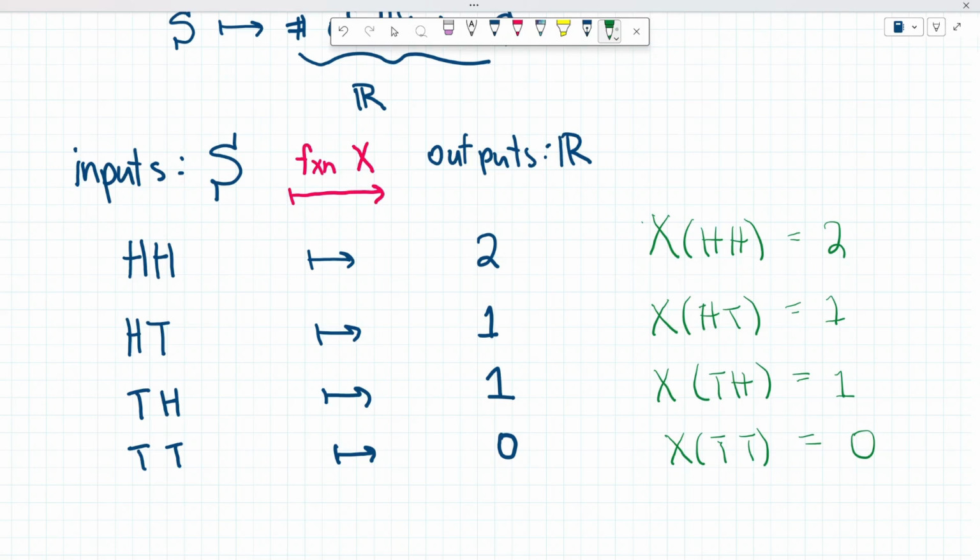So the advantage to defining a random variable x in this context is that these two outcomes over here, our ht and th, are both assigned a value of 1. So this means that we're not focused on the actual sequence of heads and tails, but rather we're just looking at the end result.